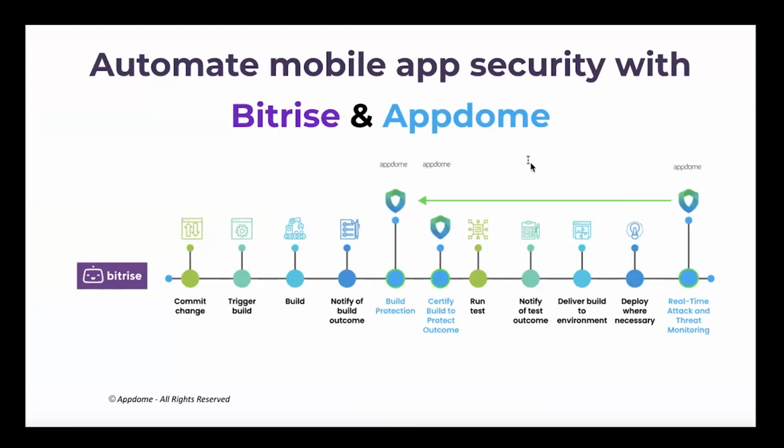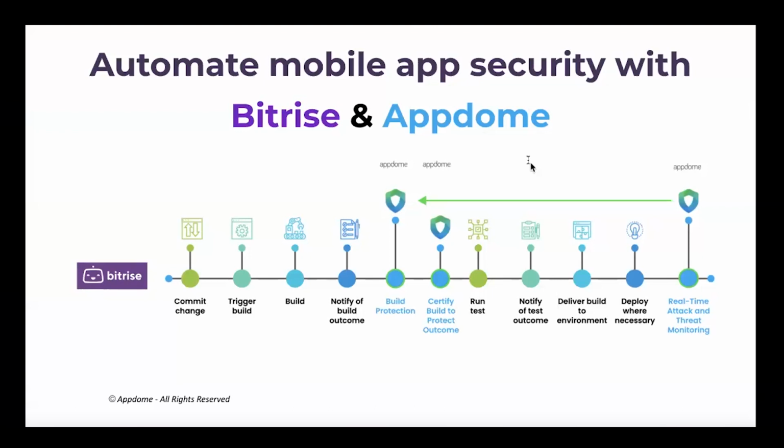And then when the app is in production, monitor attacks and threats in real time so that you're able to identify the protections that need to be added next, and then start that process all over again, building in those protections in an automated way.